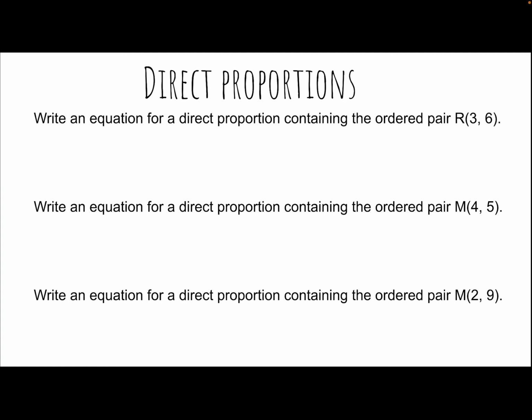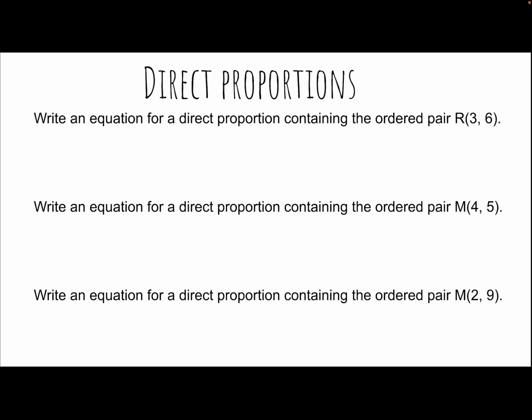All right, we know that the value of y divided by x, or the constant, is the same in a direct proportion. It's telling us this is a direct proportion. So you can simply take 5 divided by 4 to find your k value of 1.25. So you would write an equation, y equals 1.25x.